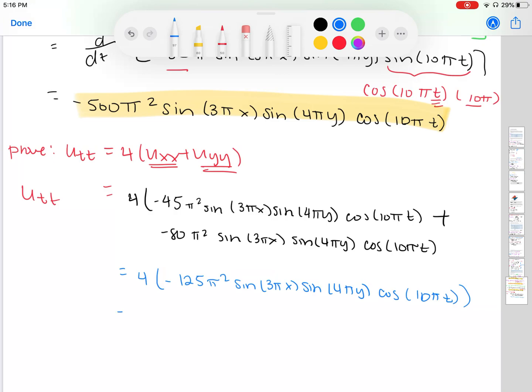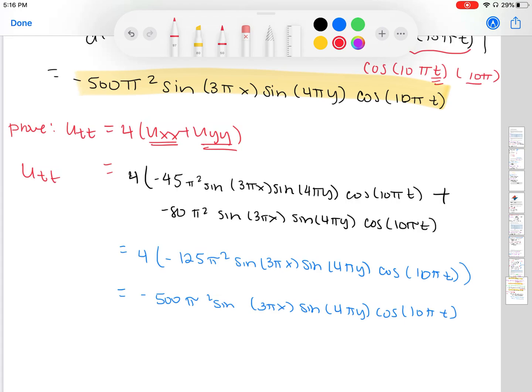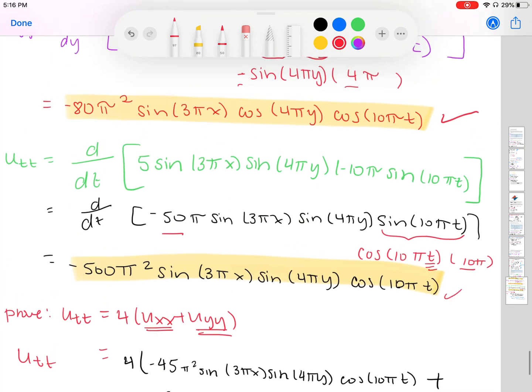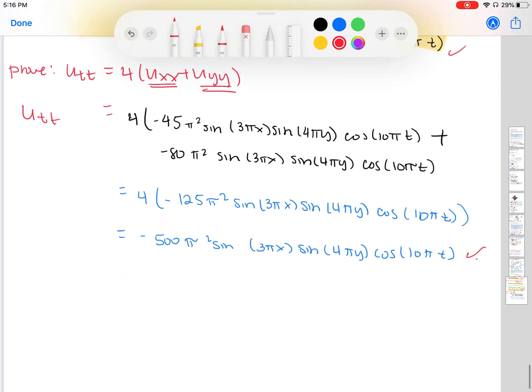And if we multiply it by 4, we get negative 500 pi squared sine of 3 pi x sine of 4 pi y cosine of 10 pi t. And is it the same as our double derivative for t? It is. Very cool. So we have proved that the equation holds true.